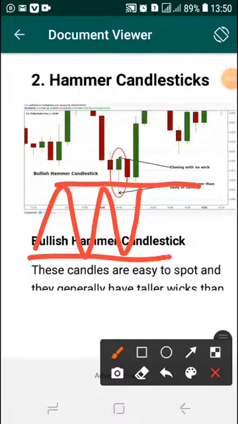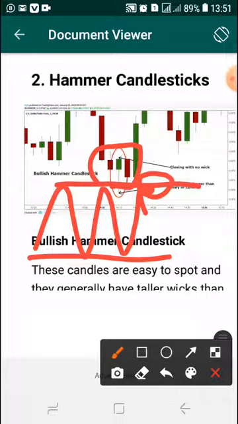you just spotted your trade here, right? And then what happens is that this formation here can also appear above here. So the question is, do you take a sell or do you take a buy when you see this formation appearing? Do you take a sell or do you take a buy?